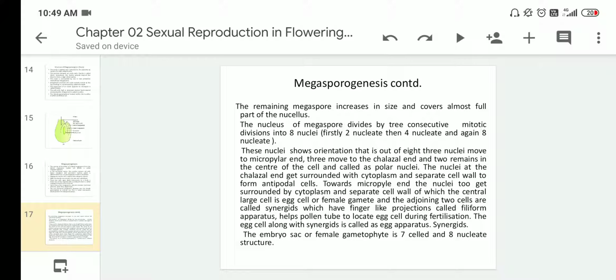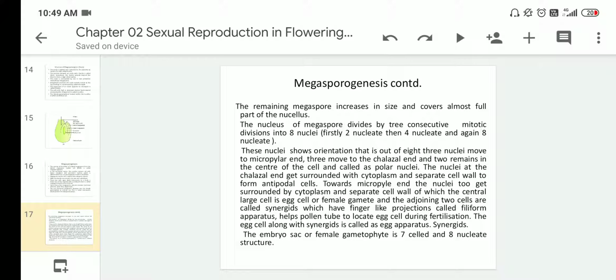So after the first division, 2 nuclei are formed. After the second division, 4 nuclei are formed. After the third division, 8 nuclei are formed from the single nucleus. So the megaspore nucleus gives rise to an 8 nucleate structure, 8 nuclei within the megaspore.